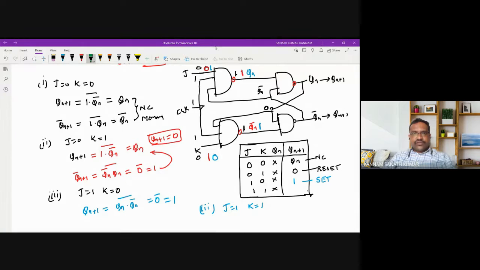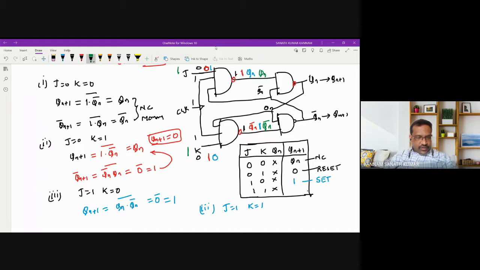So if these are all 1, here you are getting one more input, Qn bar. Qn is one input, and here all are 1. So that means here you are getting Qn bar.